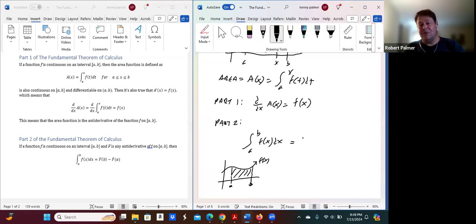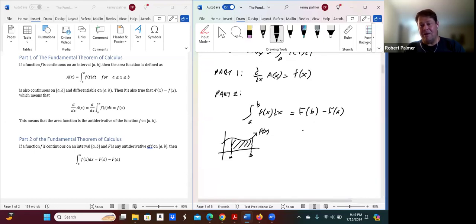So what this is, the fundamental theorem of calculus says this is F of b minus F of a. Okay, so we take the antiderivative and evaluate that at our endpoints, and that gives us the value of that integral. Okay, where F of x is an antiderivative, just abbreviate that, of f of x.